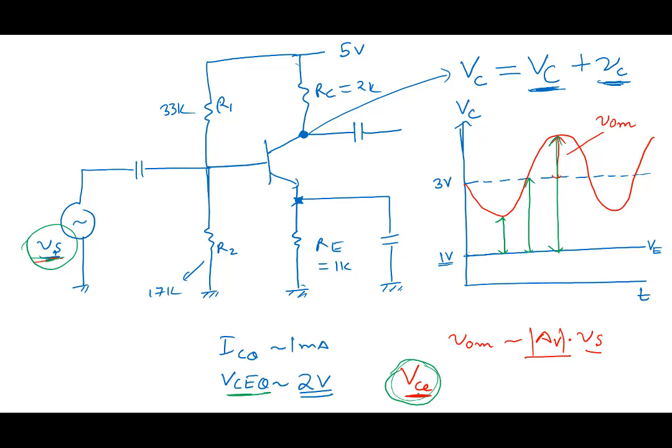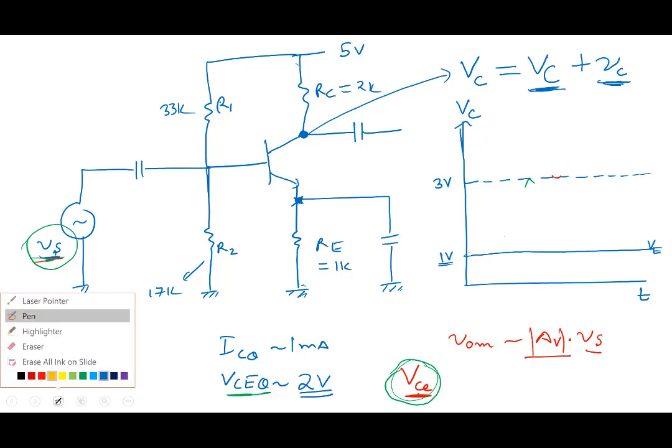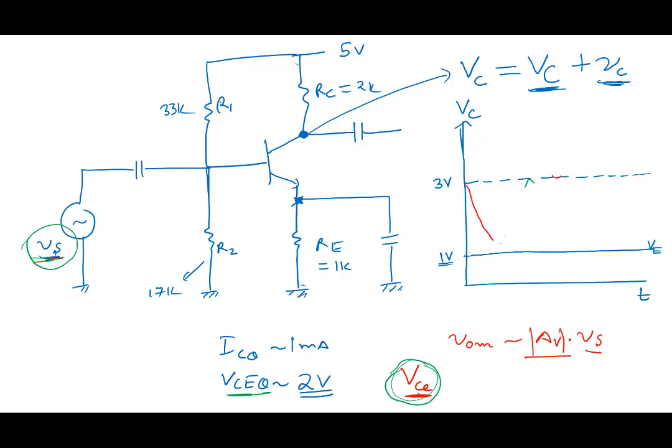So let me redraw this. What may happen is the following. This is my 1 volt here, right? It may happen that if you push it hard, it may look like this.